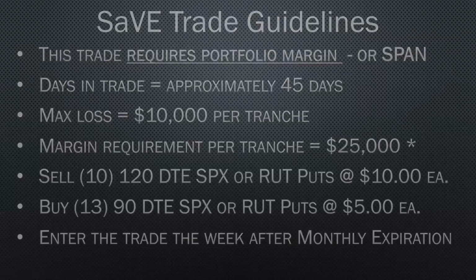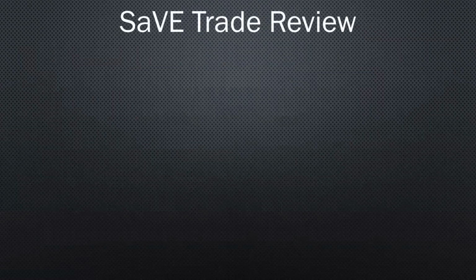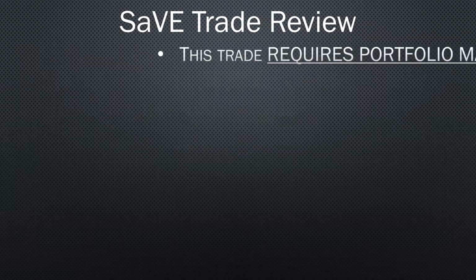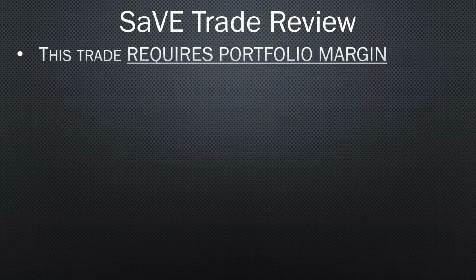All right. So to review the SaVE trade, just as it is, first of all, this trade requires portfolio margin. Portfolio margin allows you to have much greater margin usage. And if you're unfamiliar with portfolio margin, I recommend that you talk to your broker and have them fully explain it to you.